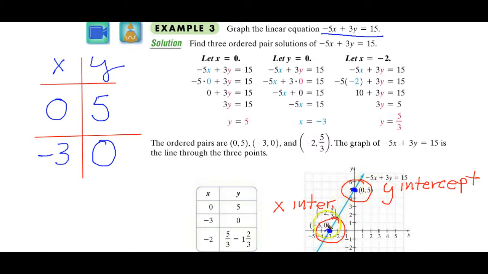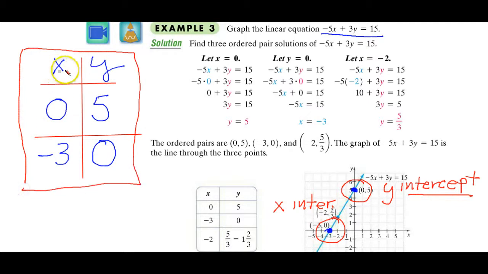And just with these 2 points, by plotting the intercepts, and what are we referring to? Where the graph will cross the y-axis, that's the y-intercept. Where it crosses the x-axis, that's the x-intercept. And we use this special T-chart that I'm calling the X and Y Intercept T-chart.